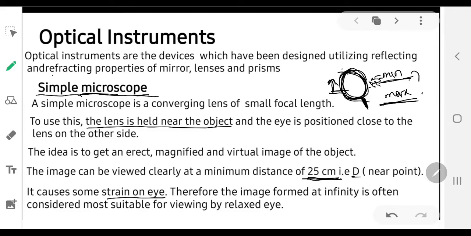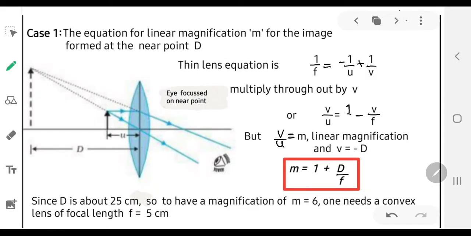In both cases we are going to see what the nature of the image formed is, and what the magnification caused by the lens is. The first case is the equation for linear magnification when the image is formed at capital D. For a converging lens, in front of that lens we are placing an object at a distance of u, and that u is less than f, so that we can get an erect and virtual image.